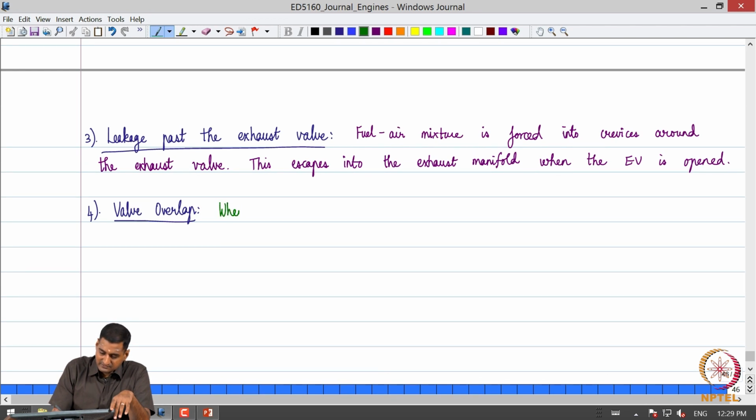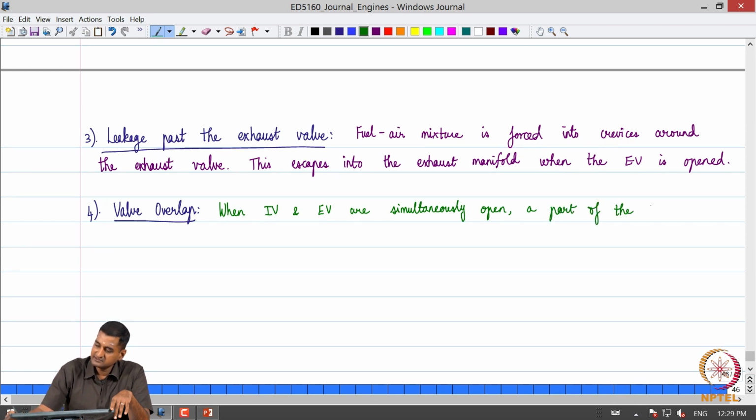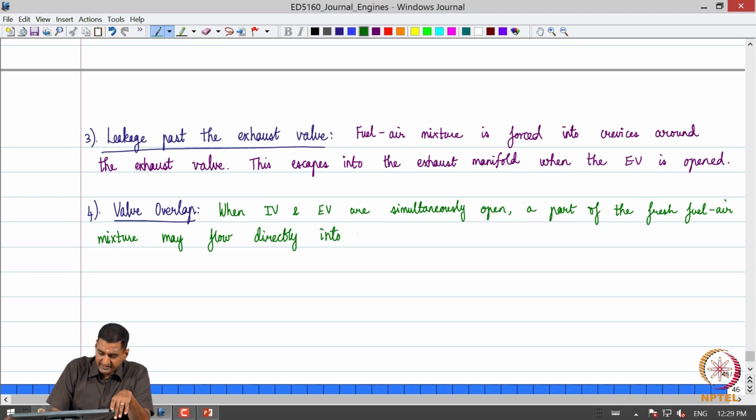When the inlet valve and exhaust valve are simultaneously open, a part of the fresh fuel air mixture may flow directly into the exhaust.